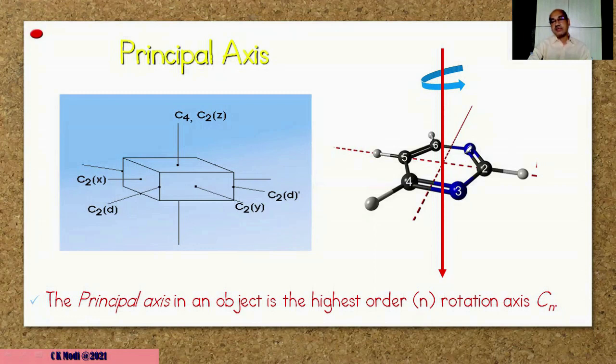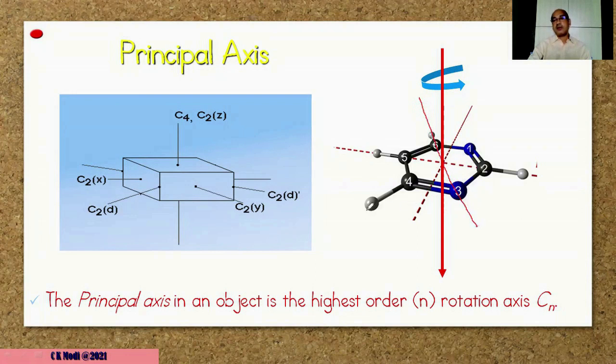Carbon 4 interchanges with carbon 6, carbon 3 interchanges with carbon 1. However, the 5th and 2nd carbons remain as they are because they are situated on the axis. Same way, if I pass this imaginary line through the center and rotate it, carbon 3 interchanges with carbon 4, carbon 2 with carbon 5, and carbon 1 with carbon 6. So this is C2. After 180 degree rotation, we get the indistinguishable structure.